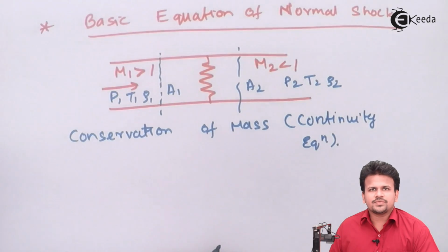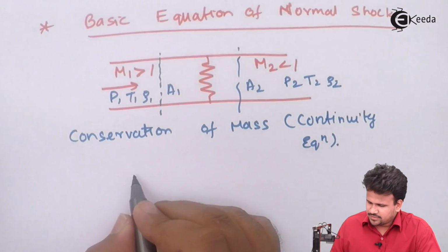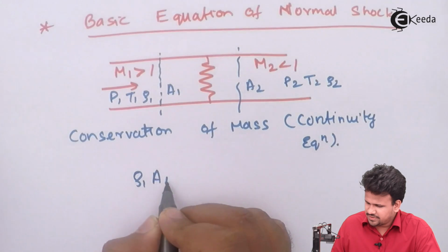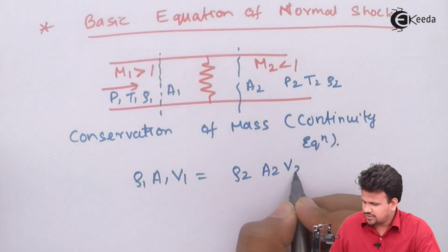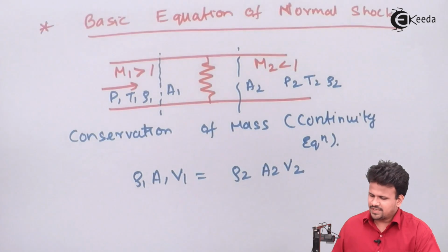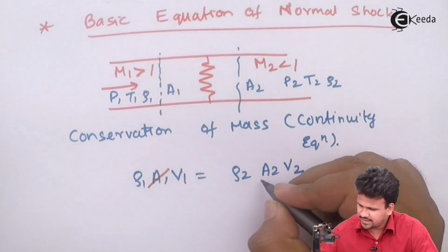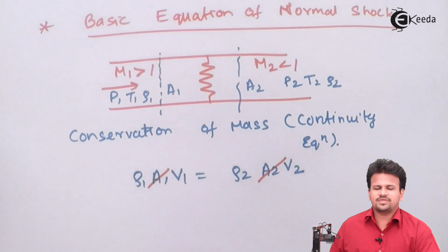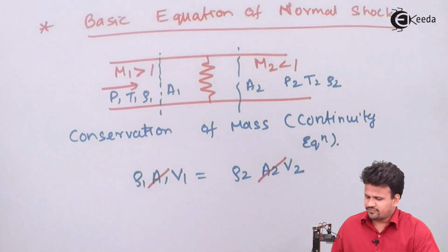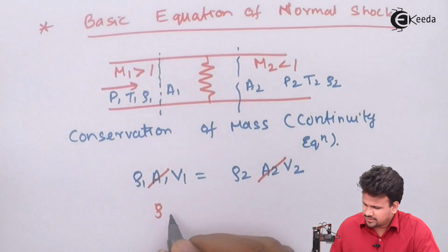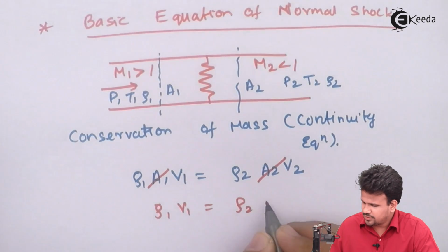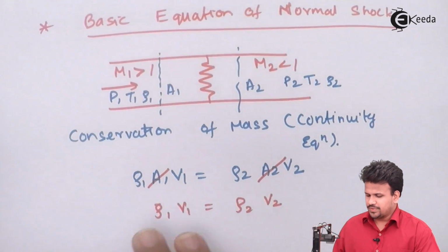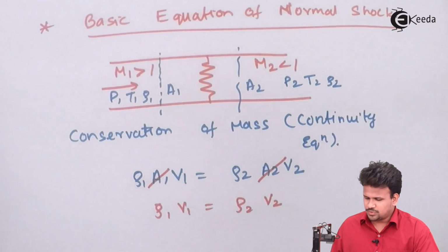Now in the continuity equation we know that over here ρ1 A1 V1 is equal to ρ2 A2 V2. Now over here we can cancel A1 and A2 since both of them are the same for an ideal fluid. So we get over here ρ1 into V1 is equal to ρ2 into V2. So we have got this equation over here.